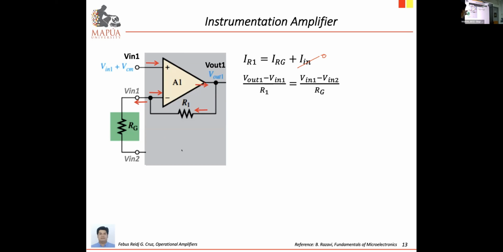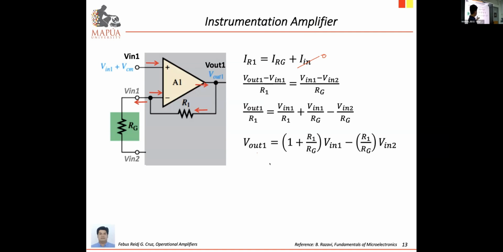And current along RG, since the current is flowing down, is (V-in1 - V-in2)/RG. Okay, can you follow? Then you have Vout1 equal to this, so just distribute and we get this equation.